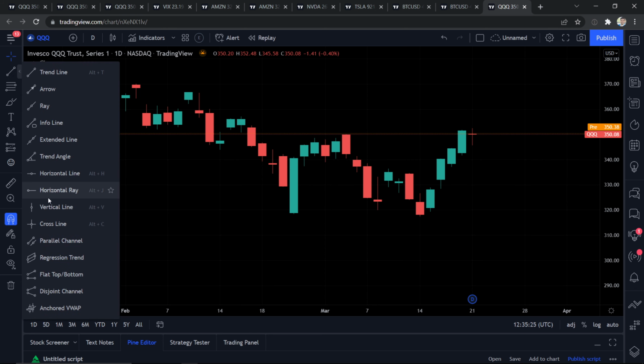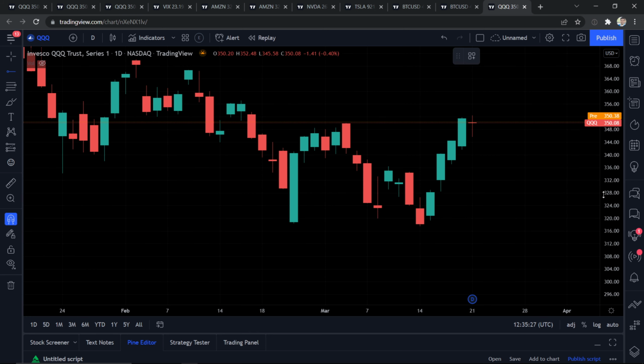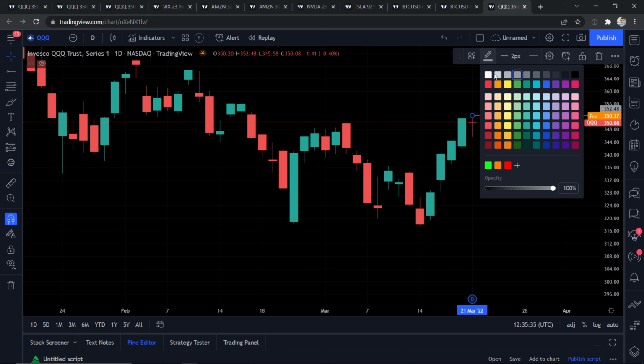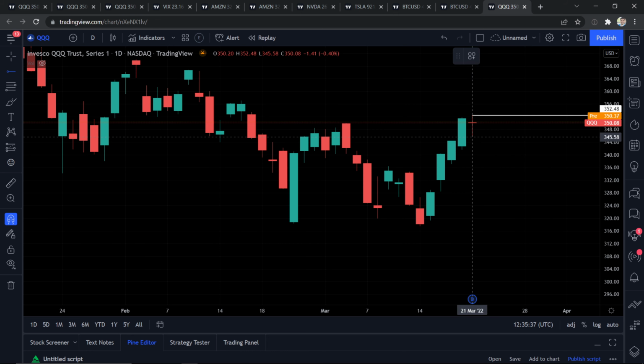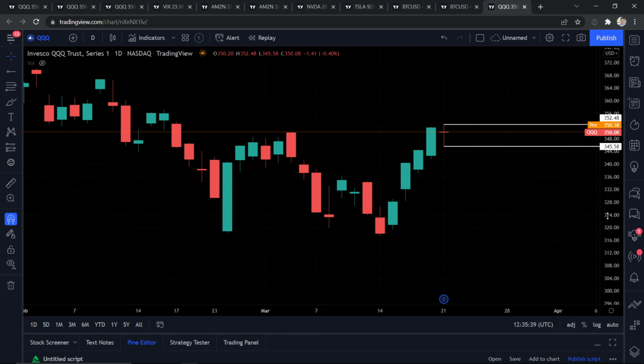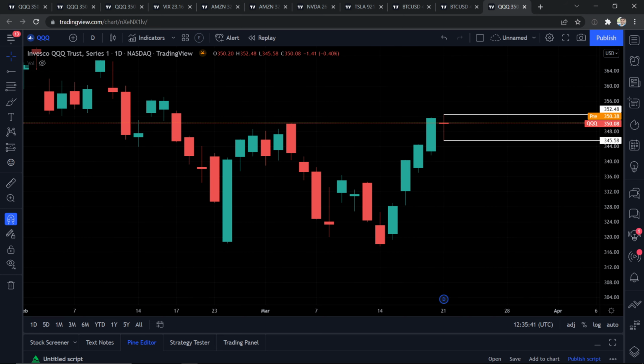So the first tip essentially is to look at the previous day, okay? And you want to look at what was the high of day and what was the low of day. So if we're talking about the current day candle, which is forming, we're currently in pre-market right now, but this is Monday's candle.